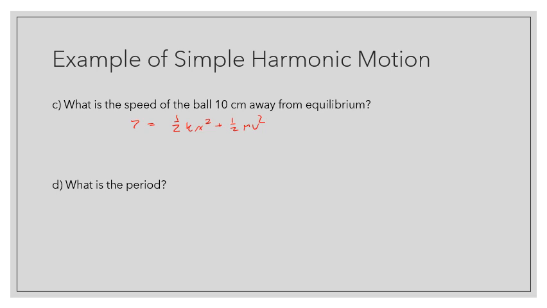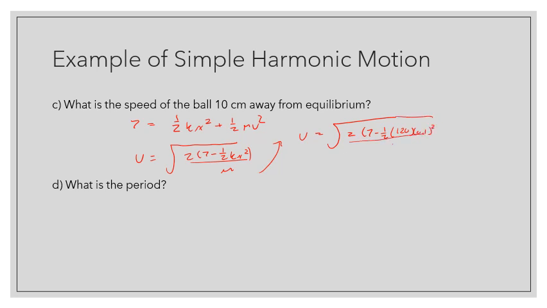So we just do some algebra to solve for v. v is equal to the square root of 2 times (7 minus 1/2 kx squared) over m. So v is equal to 2 times (7 minus 1/2 times 120 times 0.1 squared) over 0.55, square rooted. The velocity comes out to be 4.7 meters per second.